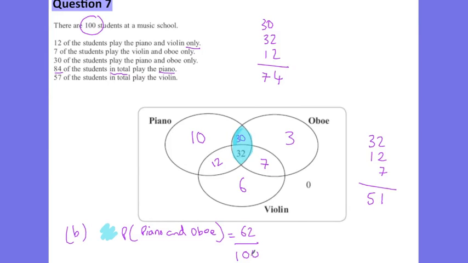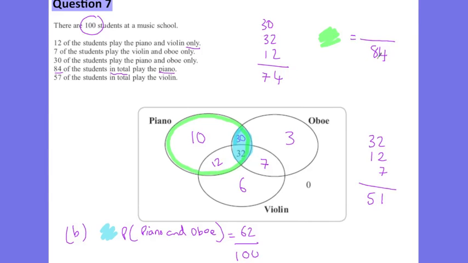We're then told, given the student plays piano. Given the student plays piano. Therefore, the student is in this circle. The population is the total of here. So, given that they play piano, therefore our probability is going to be out of 84.